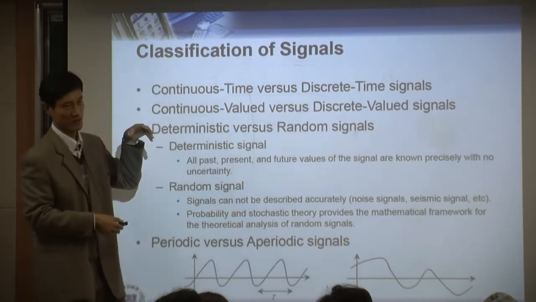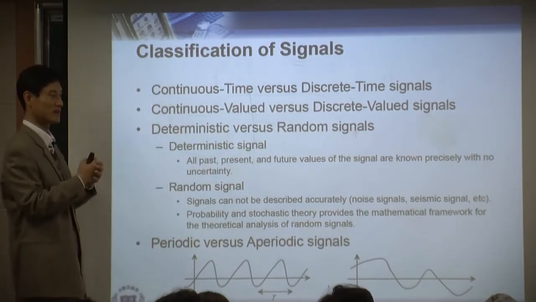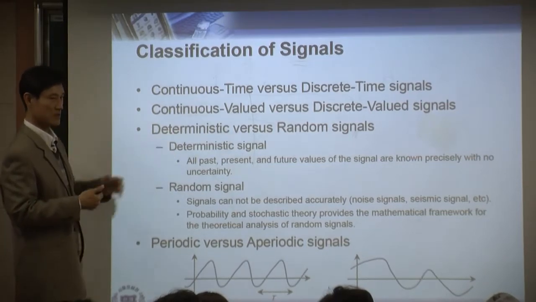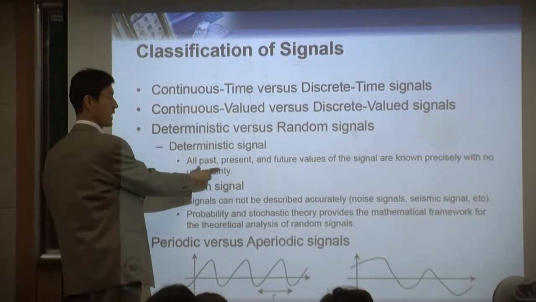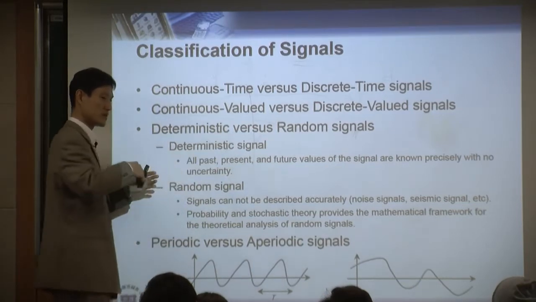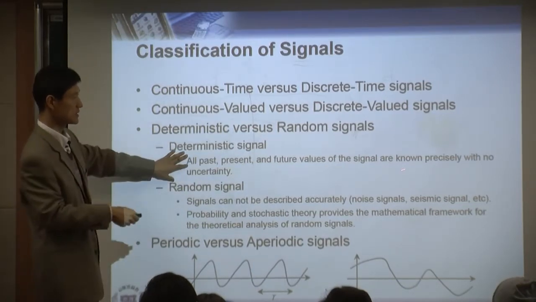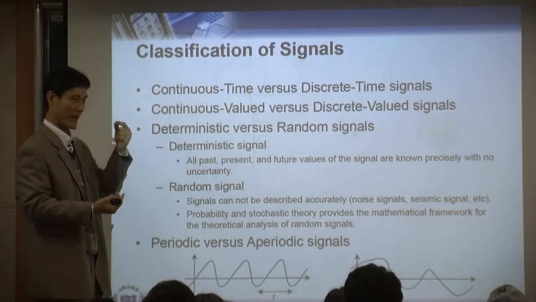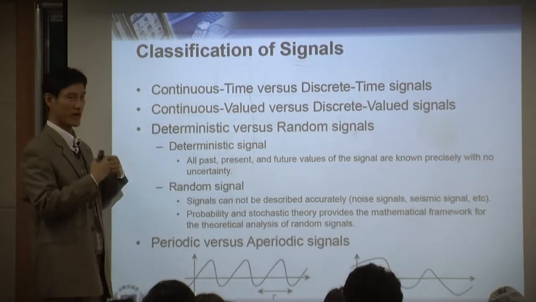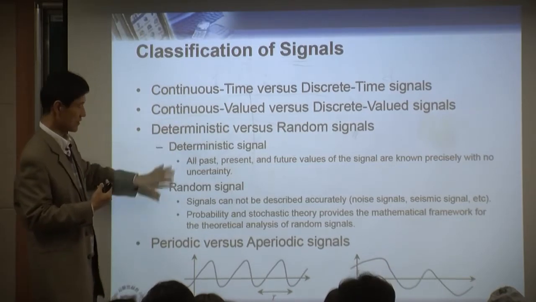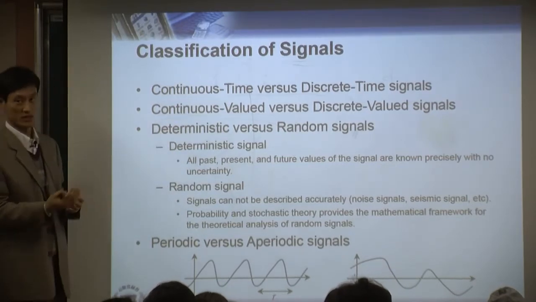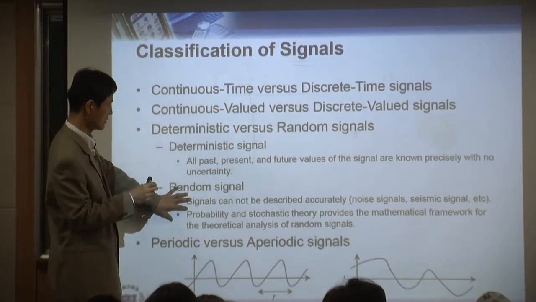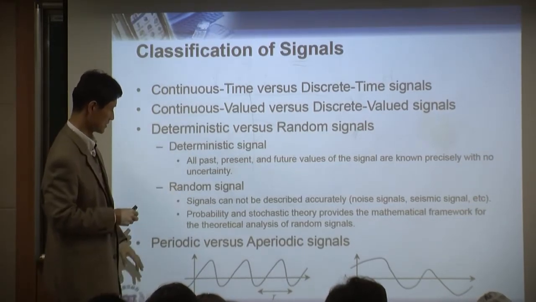You cannot expect, you never know what is coming, because it's random. So deterministic is based on the past and present, the future values can be expected. It's all known. I know everything about the deterministic signals, every single value. Random is completely random, like noise. You never know what the exact value is going to be.